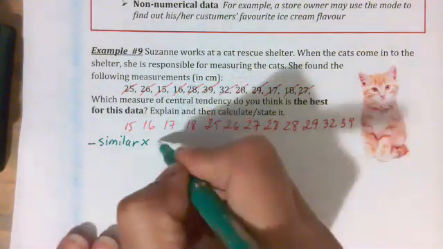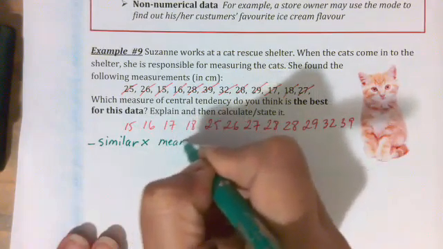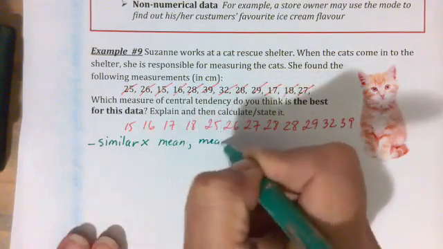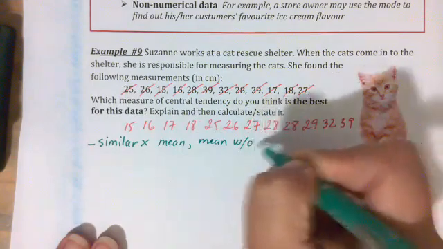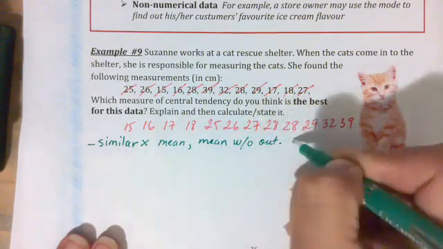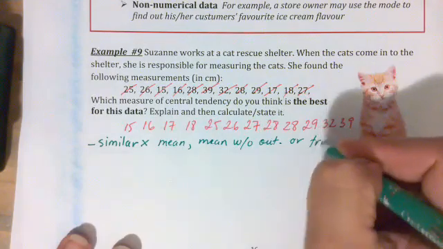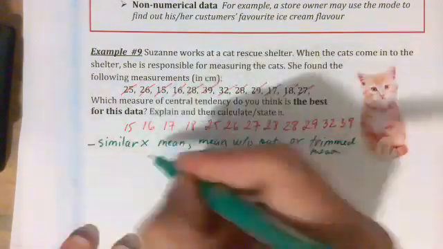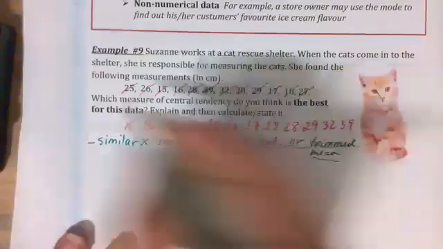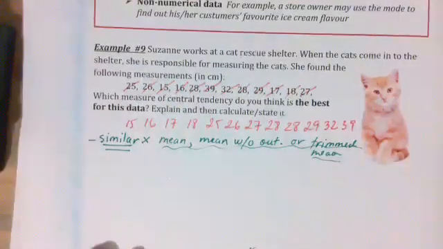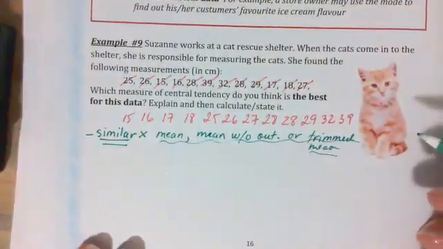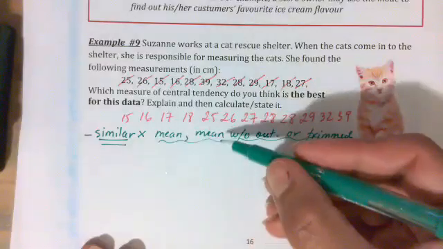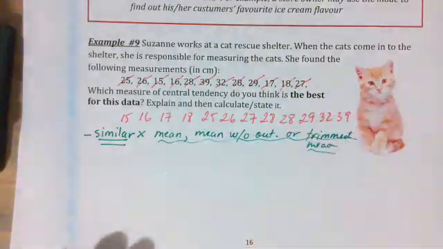So I can choose mean, or mean without outlier, or trimmed mean, because for all of these, one of the requirements is for the data to be similar. Okay, so not mean without an outlier, not trimmed mean.